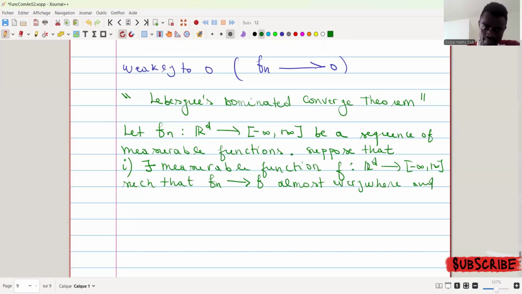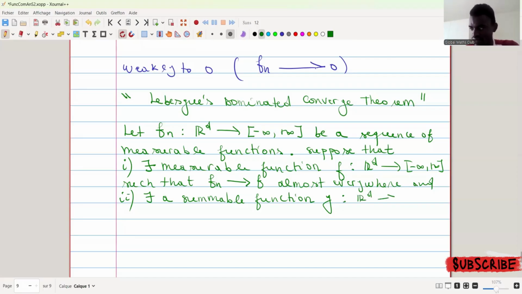And there exists a summable or integrable function, so a function in L1, g from R^d to this, such that this one is less than this.